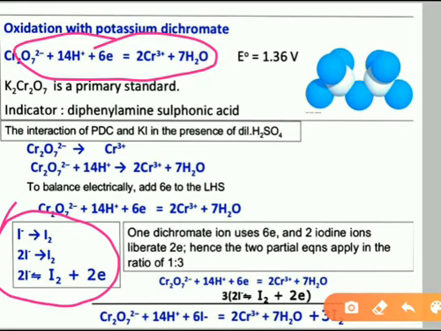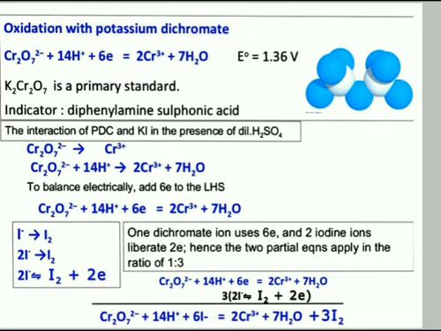Here 2 iodide ions combine and give only 2 electrons, but one molecule of potassium dichromate needs 6 electrons, so it needs 6 iodide ions to complete this equation. That is, one dichromate ion uses 6 electrons and 2 iodide ions liberate 2 electrons.